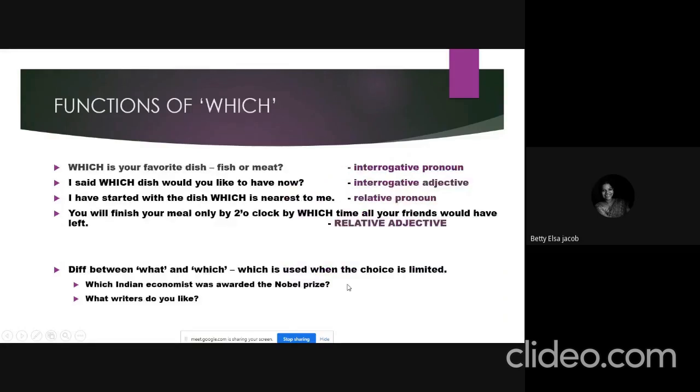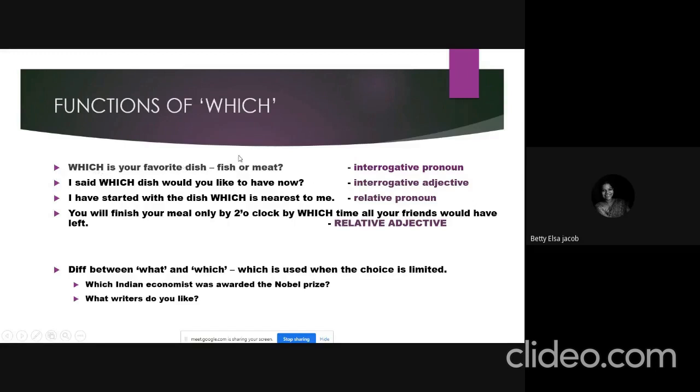Moving on to the next one, the functions of which. Now, which can also function like an interrogative pronoun or an interrogative adjective or a relative pronoun or a relative adjective. Now, here, look at the first example. Which is your favorite dish, fish or meat? Now, look at how the word which is used. Which, it's a question.